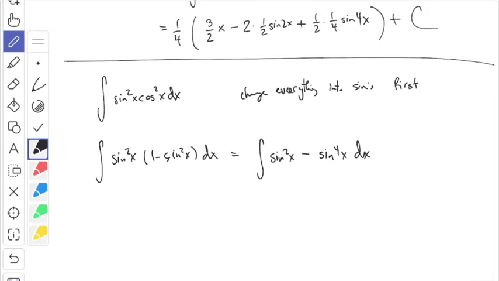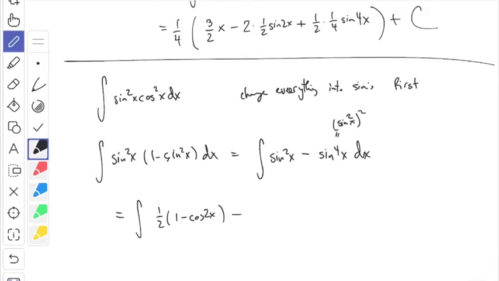And now that everything is like this, we're going to use those formulas from the very beginning. For the sine squared, I'm going to write 1/2 times 1 minus cosine 2x. And then sine to the 4, I'm going to think of this, just like in the previous example, as sine squared x, the whole thing squared.